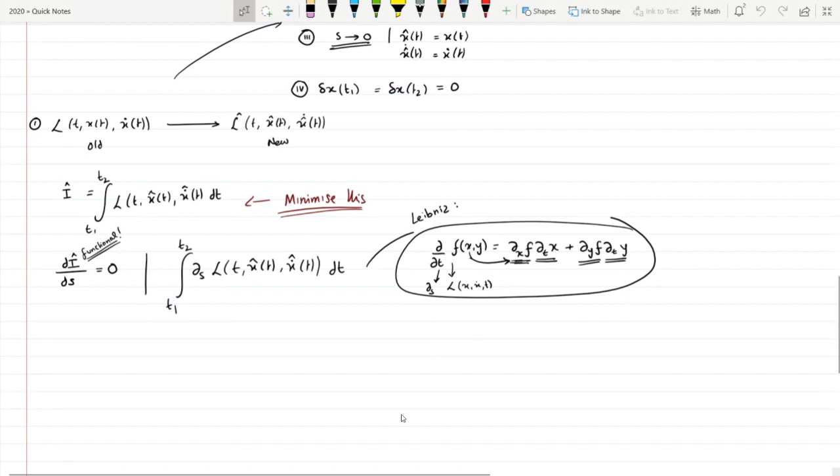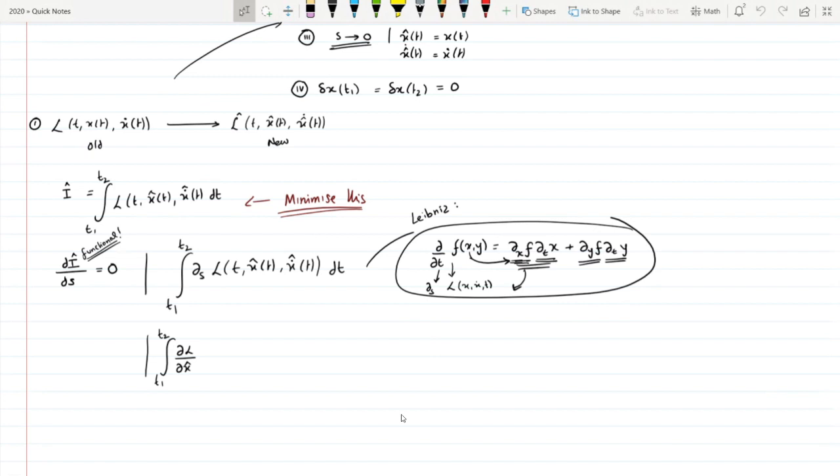The two terms that matter are these. The first thing we get is the integral from t1 to t2. I'm going to take the derivative of L with respect to x hat. That's important. That's the first thing.